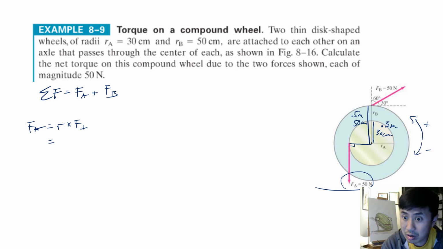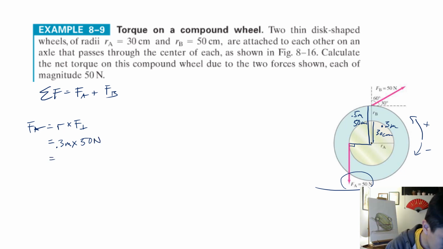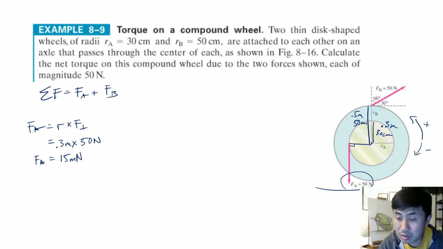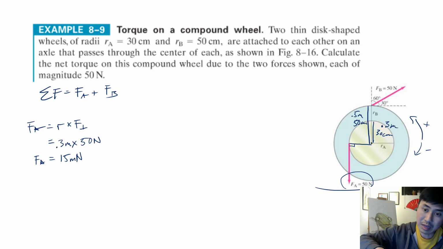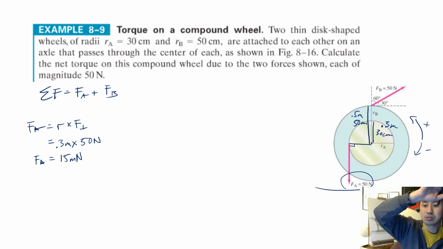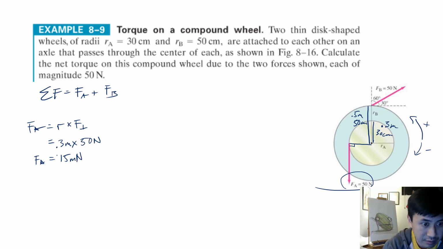We know R to be, look, it's in the middle, so that's going to be 0.3 meters times the force is 50 newtons. So this is 0.3 times 50. That's 15 newton meters. That's the F of A. And look, it's going down on that side. It's going counterclockwise, so this is positive.